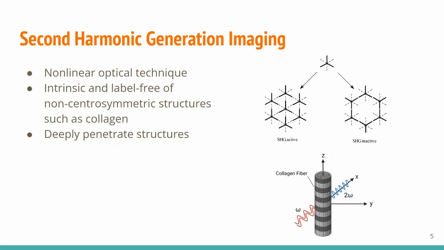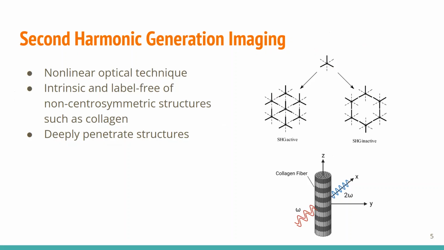Next, I'm going to talk about second harmonic generation imaging. This is the imaging modality that we use to gather our data set. It is a nonlinear optical technique, and it is intrinsic and label-free, which means you don't need any fluorophores, and therefore sample preparation is so minimal that there's really no destruction of your sample before you image it.